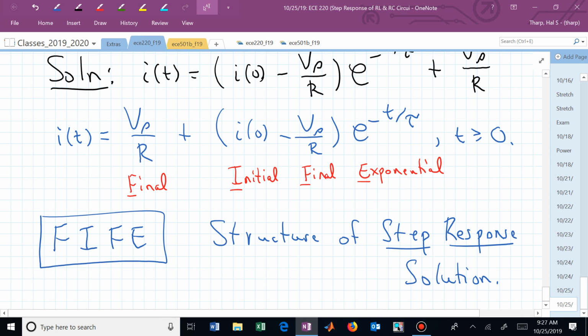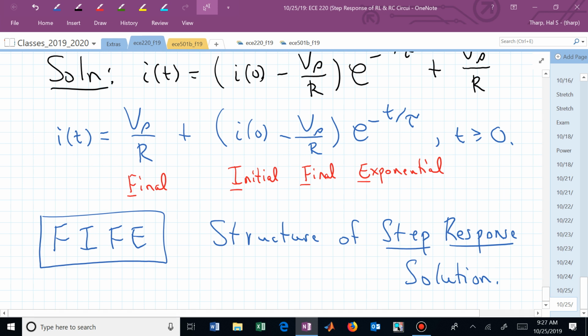You just say FI, FE and write down, oh, I know it's the final plus parentheses, initial minus final, times an exponential. Then what do you need to do? You need to find the final value of that current, its initial value by inspection of the circuit, and then find the time constant. And now you'll have the complete solution available to you.